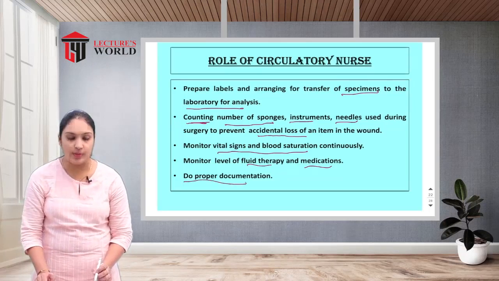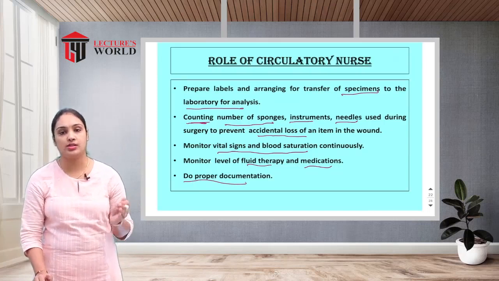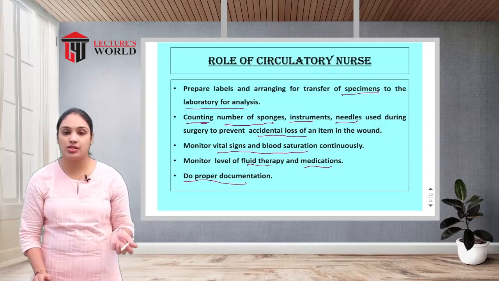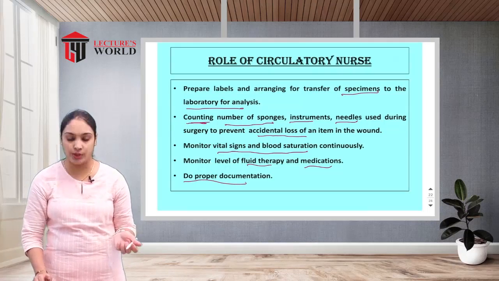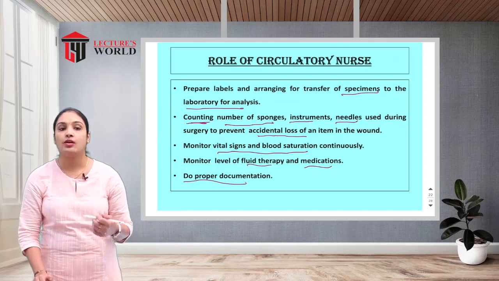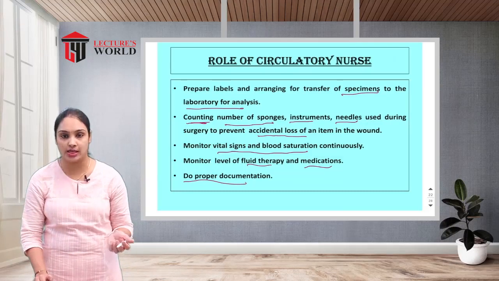Do the proper documentation. She will properly document all the vital signs, blood saturation of the patient, which medications we have administered during the surgical procedure, the amount of fluid administered, which anesthetic drug has been administered, and the type of anesthesia given.